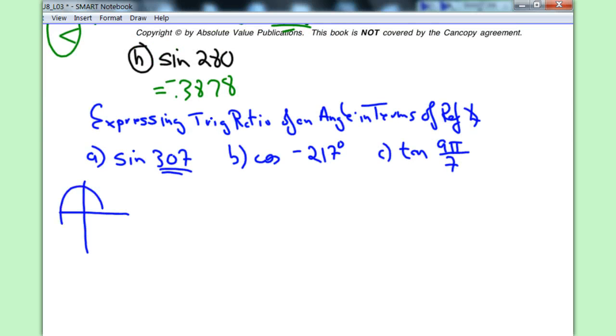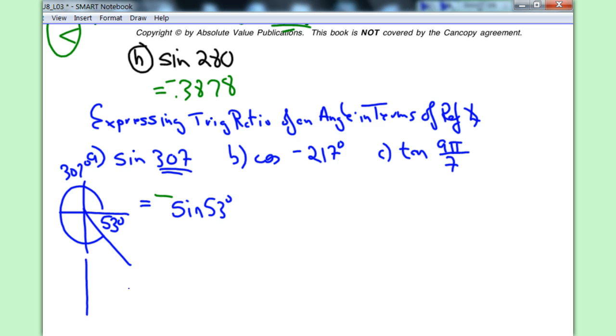Well, sine of 307, if I draw 307 degrees, that has a reference angle of 53 degrees. I'm assuming you guys can handle that. So the sine of 307 is equal to the sine of 53 degrees, except for one thing. It is negative. It is negative sine of 53. And that's all I want. I don't really want the decimal. I just want you to express it in terms of the reference angle.